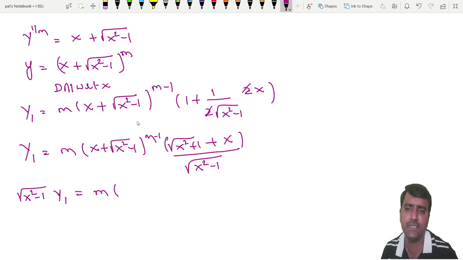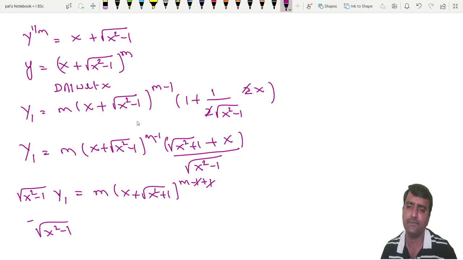This is also x plus root of x square minus 1. So multiplication of these two terms, we have to add its power. When we add the powers, m minus 1 plus 1. So that is m into x plus root of x square minus 1 to the power, this is m minus 1, its power is 1, so plus 1. So this cancels. Remaining here is root of x square minus 1 into y1 is equal to m into x plus root of x square minus 1 to the power m.